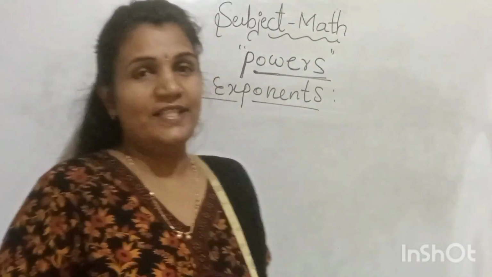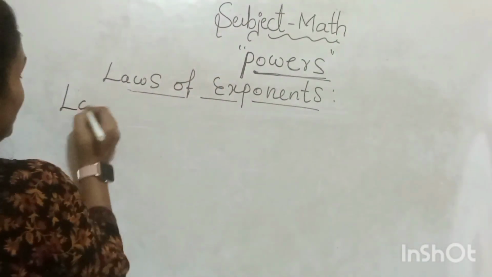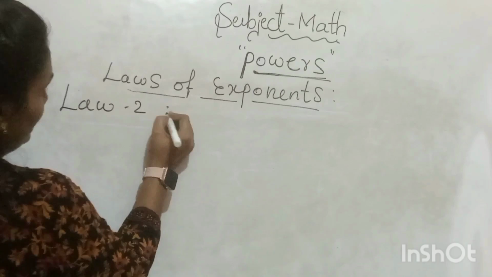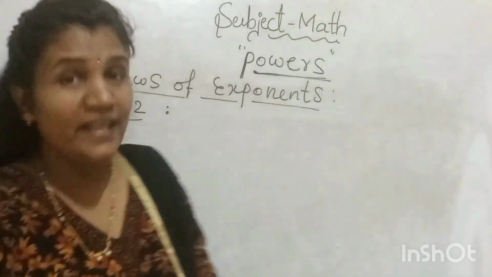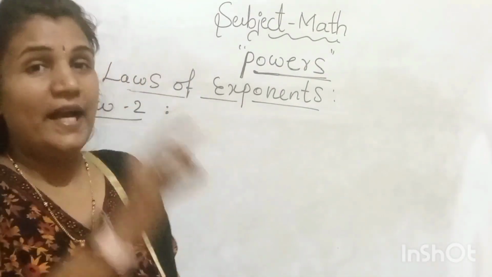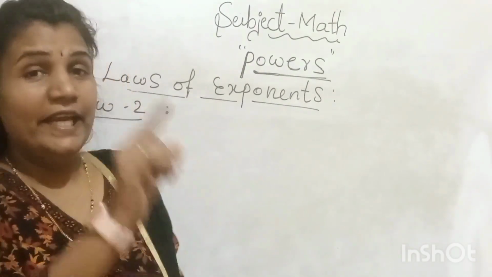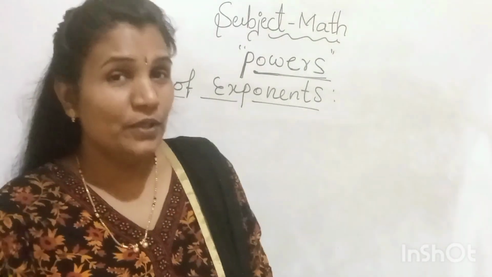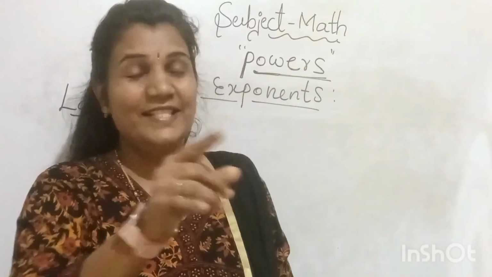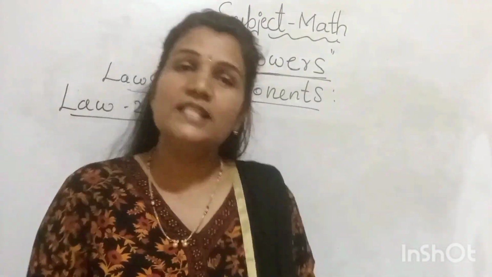What does the second law say? Law 2: if a is any rational number and m and n are any two positive integers, then a to the power m into a to the power n is equal to a to the power m plus n.